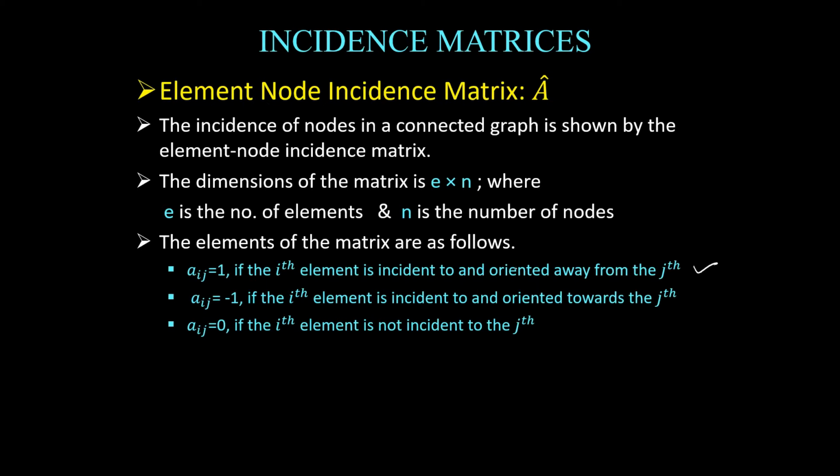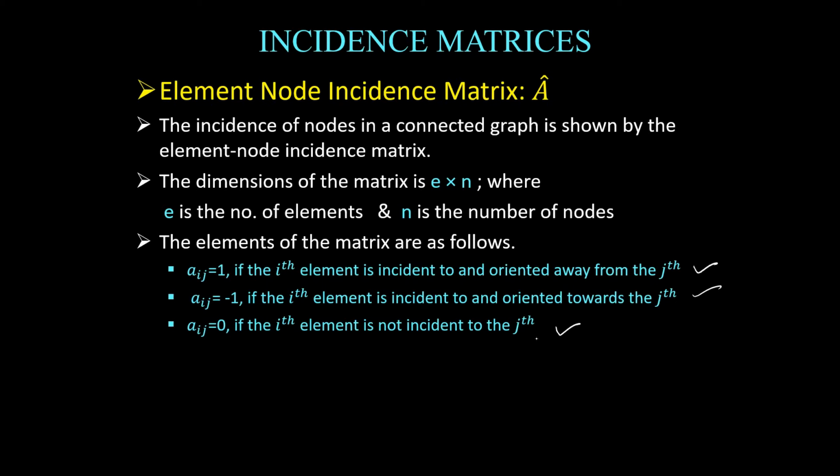Aij is equal to minus 1 if the ith element is incident to and oriented towards the jth node, and Aij is equal to 0 if the ith element is not incident to the jth node.